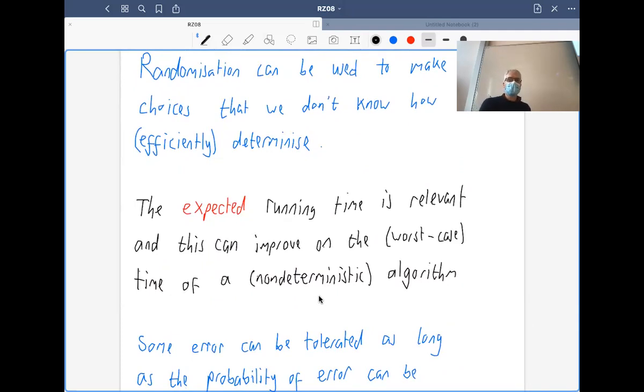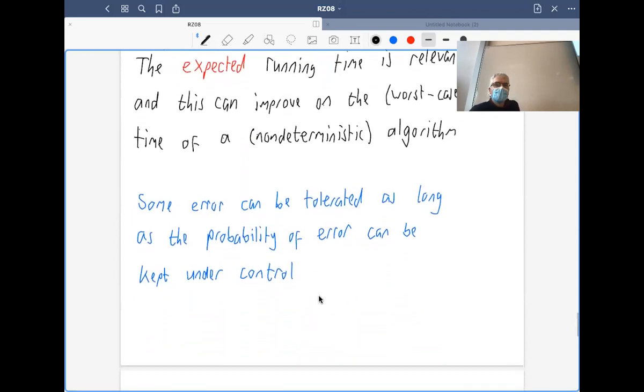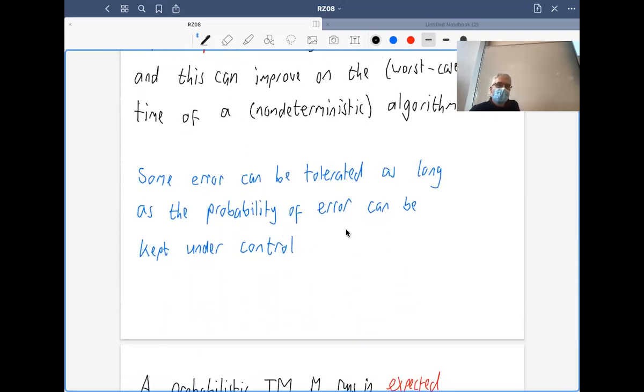We've seen that we have a different notion of running time for a randomized algorithm. It's the expected running time that's relevant. And considering the expected running time allows us to improve the runtime compared with the worst case time of a deterministic algorithm. And we've also seen in the primality testing that some error can be tolerated as long as we can manage the probabilities of the error.